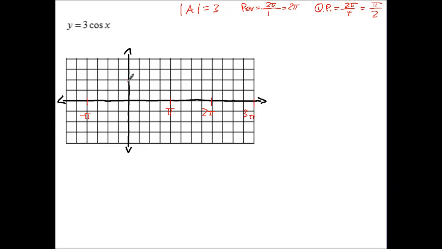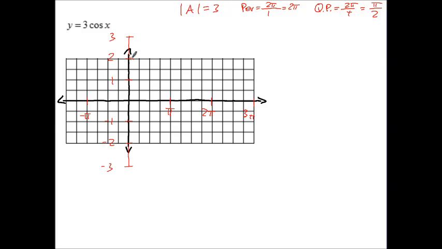And 2 steps up is 1, another 2 steps up is 2, another 2 steps up is 3. You will see why I did that in a second. 2 steps down is negative 1, 2 steps down is negative 2, and another 2 steps down is negative 3.